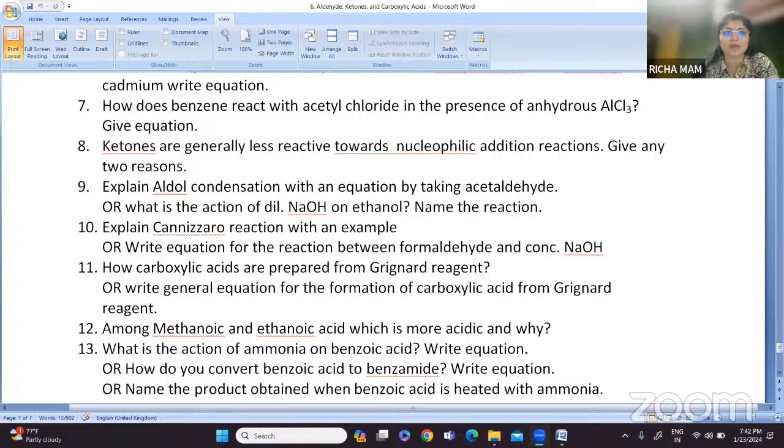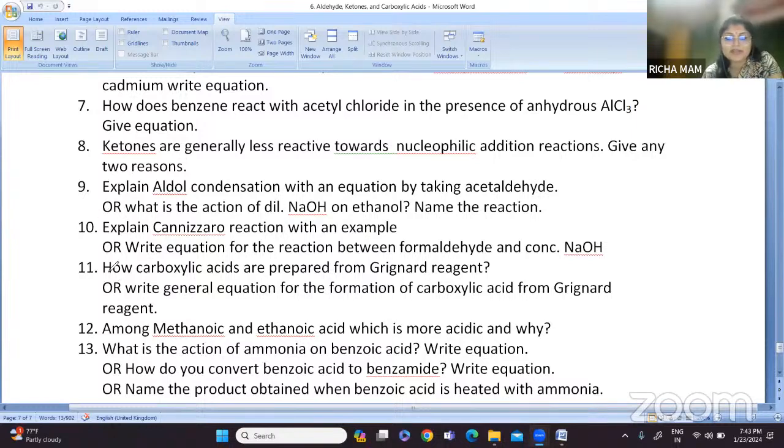Should I write the reactants? Let me write. Vedvati has answered it as sodium formate and alcohol. Fine.